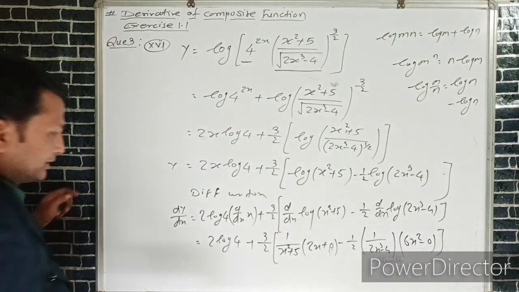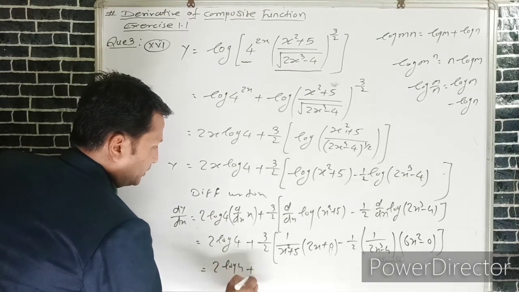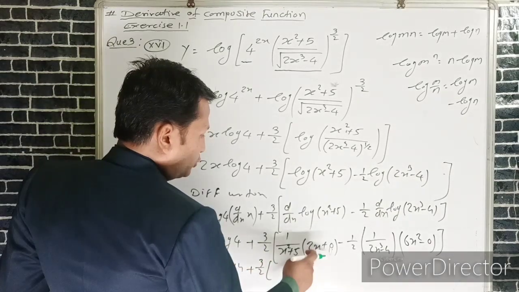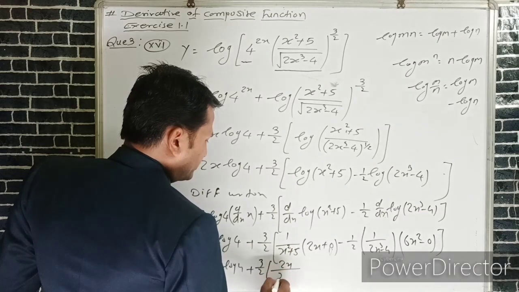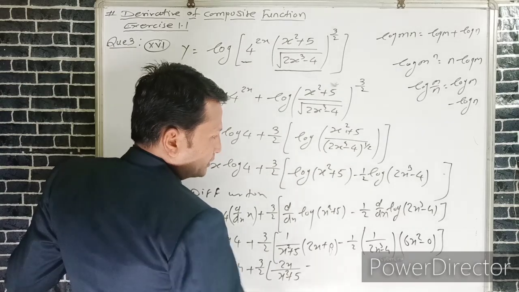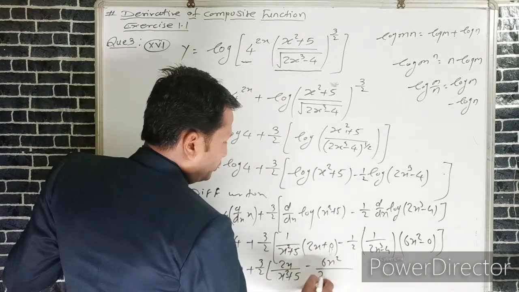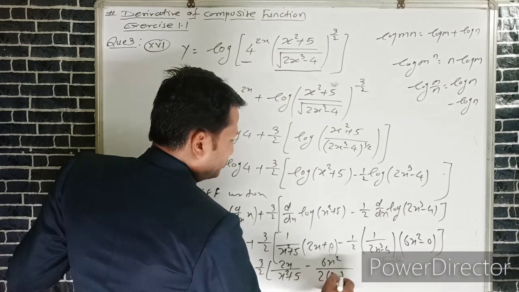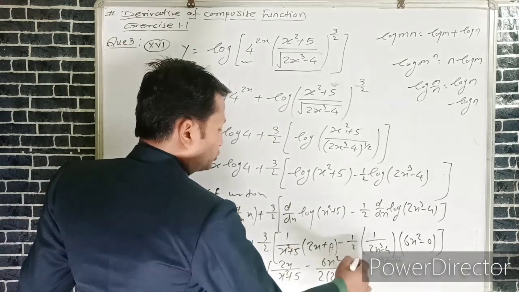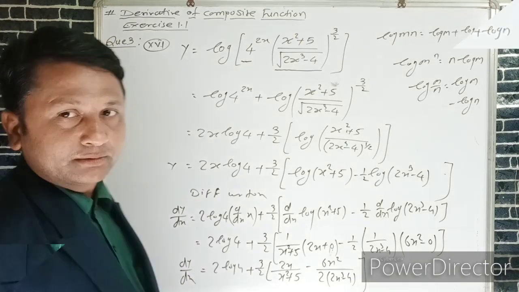Hence we can write 2 log 4 plus 3 by 2 into 2x upon x square plus 5 minus 6x square upon 2 into 2x cube minus 4, or 4 into x cube minus 2, which is the required derivative of y, dy upon dx.